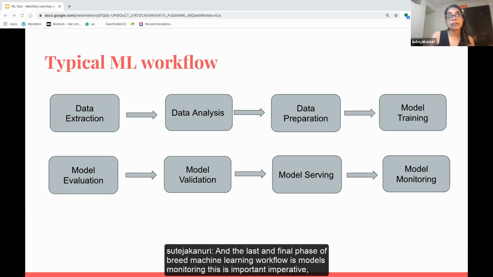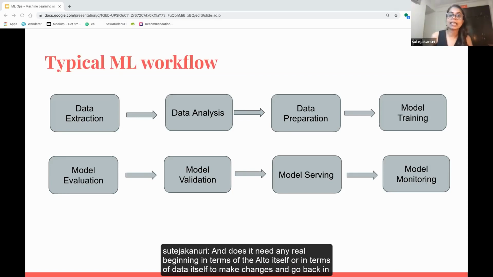And the last and final phase of a great machine learning workflow is model monitoring. It is imperative to track the performance of the model once it has been pushed to production, once it is serving in real time, because all the tests which have been done are generally done on offline, historical data, but we need to know how well our model is performing at a given point in time.